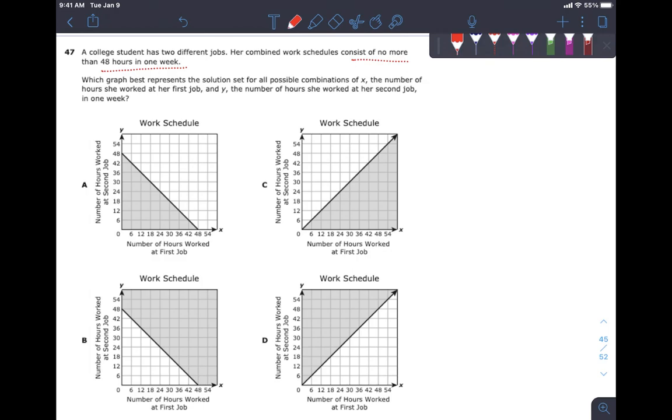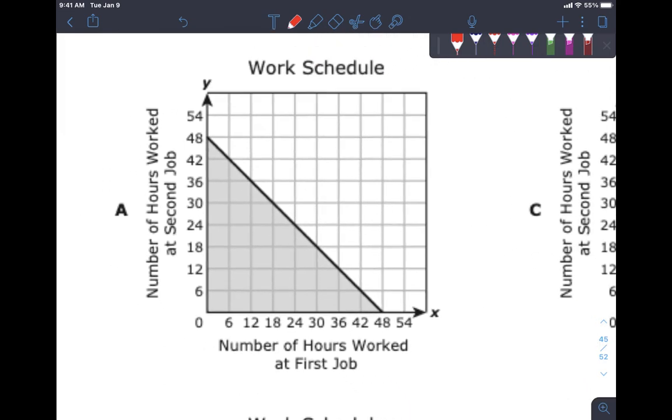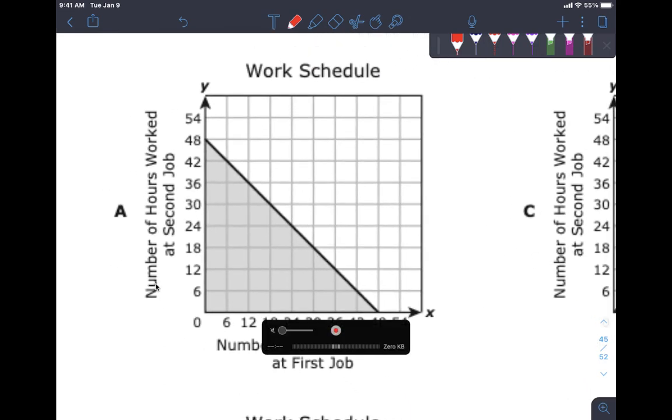So I'm looking at the graph and I'm trying to figure out what this X and Y is. It says the number of hours at the second job, number of hours at the first job. So if I'm only allowed to work 48 hours a week, if I work 48 hours at my first job, I have to work only 0 at my second job.